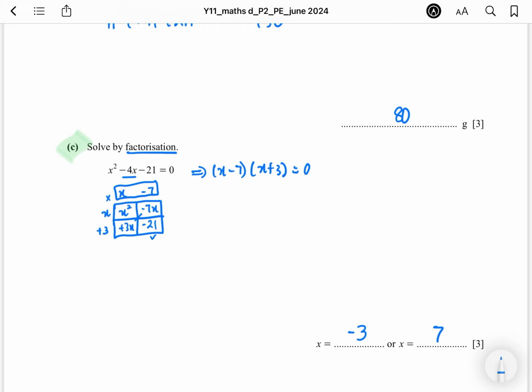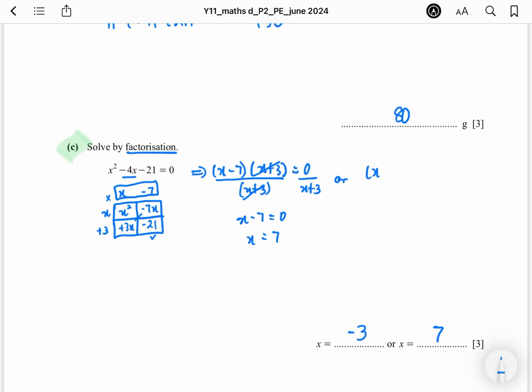One of the ways you can approach this is to solve x minus 7 first by dividing both sides by x plus 3. 0 divided by any number is 0, so this one cancels out. So that means x minus 7 equals 0, so x equals 7.